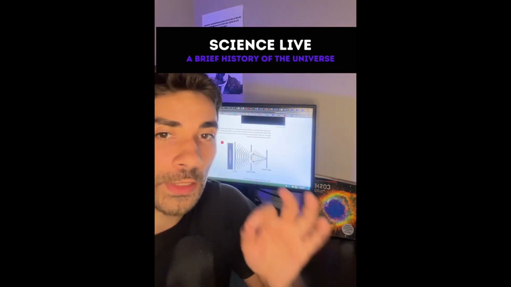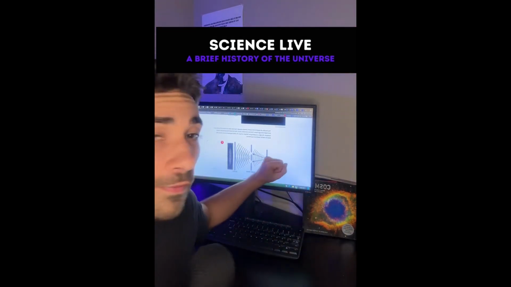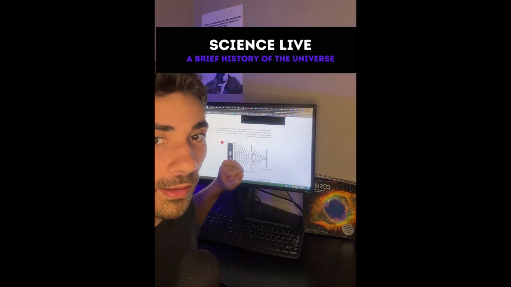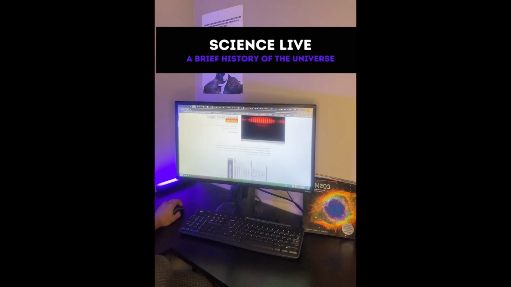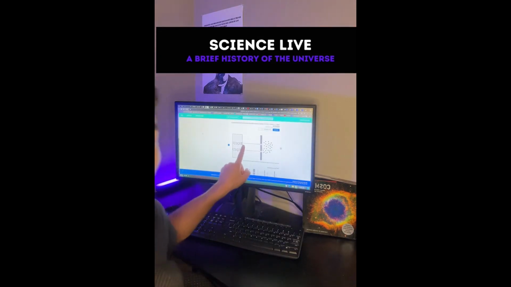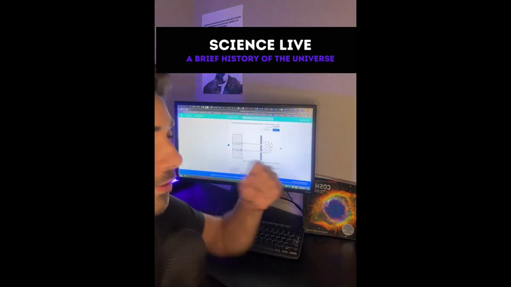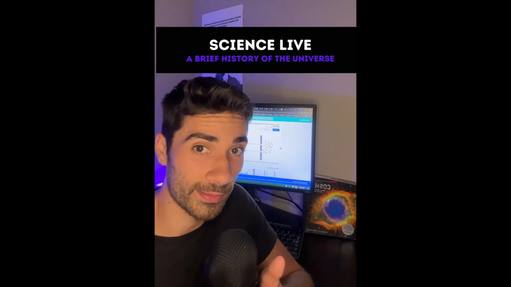So it must be the case. Now, hold on. When they took away the detectors from the experiment, it went back to this. They took away the detectors, and it went back to the individual rows. The detectors changed the outcome of the experiment.